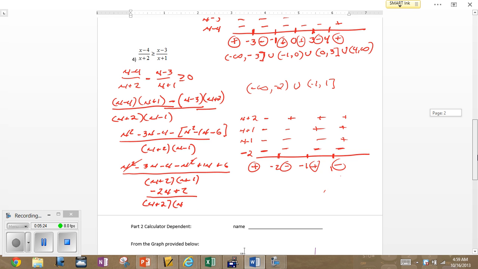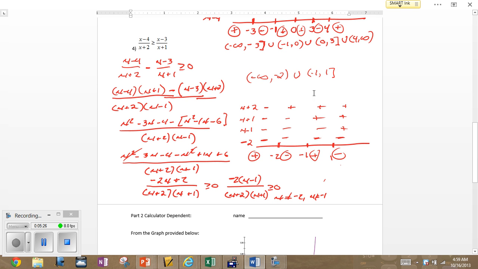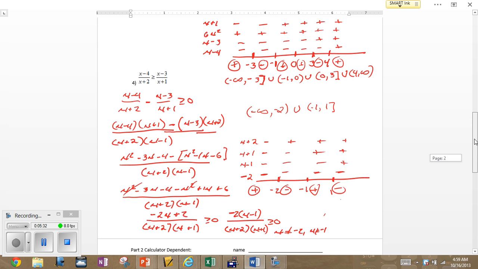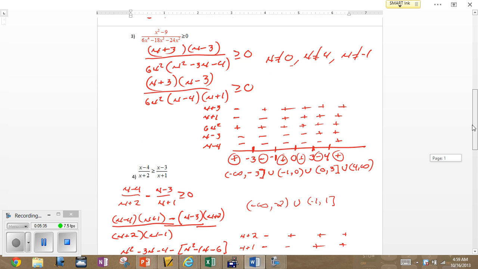Okay, the last problem, which caused a lot of grief for people, again, just if we could go back to this one, the sign table is built around factors and products and quotients of factors.